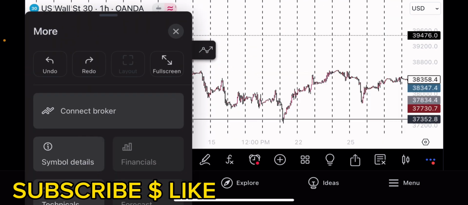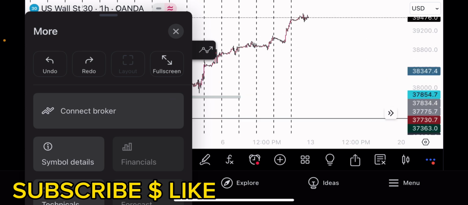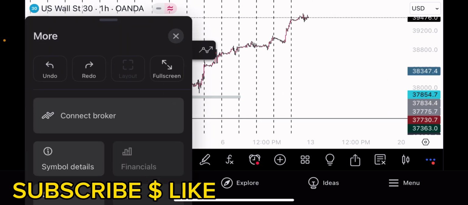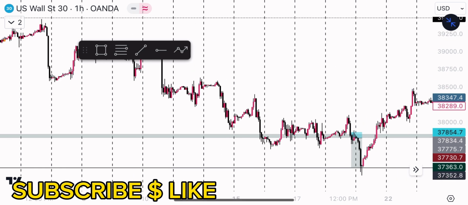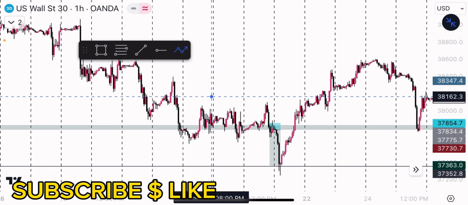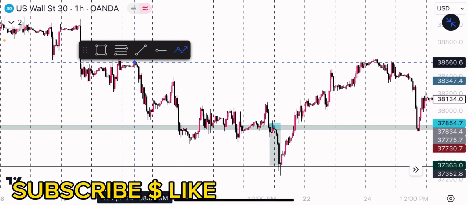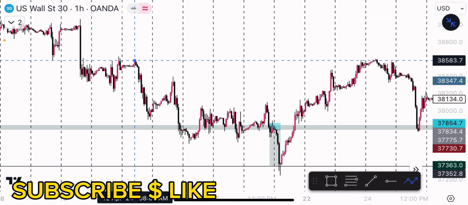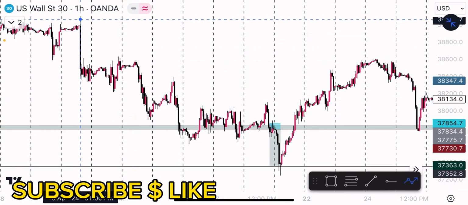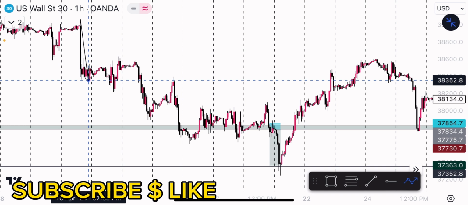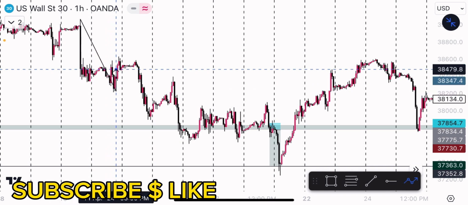But right here, if you are trading supply and demand, you see that the structure is very, very bearish. You can see. So let me just return all those drawings back. Let me see if our support and resistance is back.